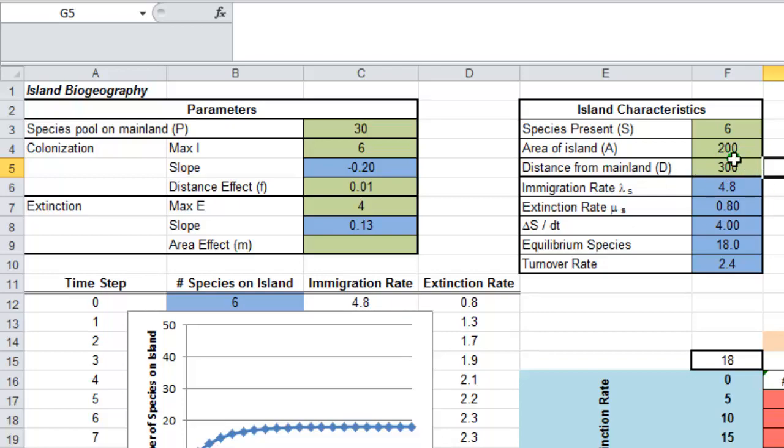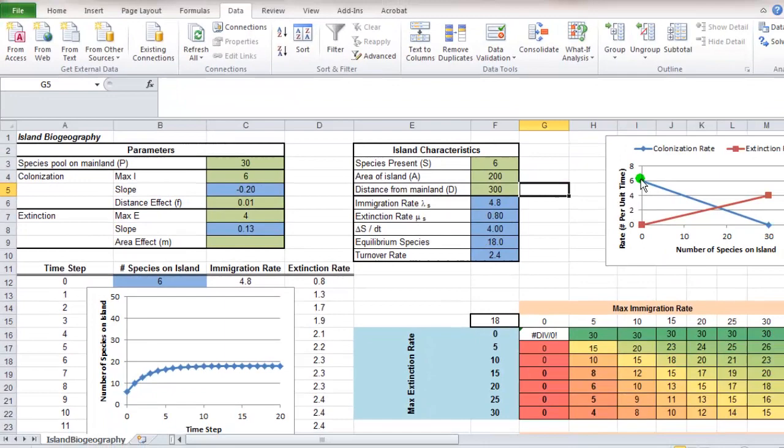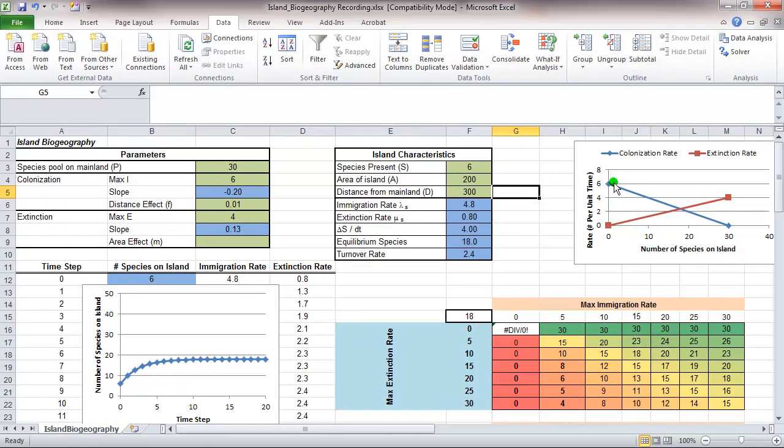Distance is another factor, and the distance might be affecting the colonization rate. And the idea there is that if you are very close to the mainland, your colonization rate may go up. And as you are very far from the island, your colonization rates might go down. So those two things are tempering these immigration rates and these extinction rates.